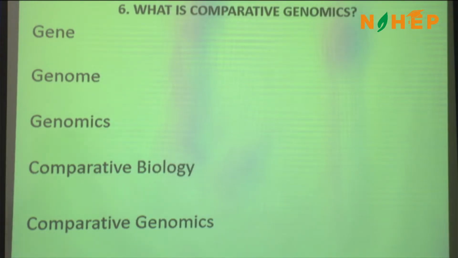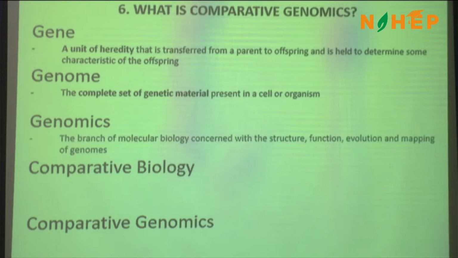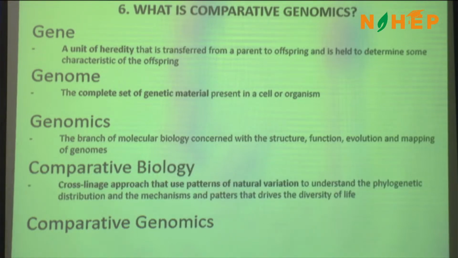But first, I want to start with some definitions that you most likely already know. You all know what a gene is. You all know what a genome is, I think. Then you all know what genomics is. Comparative biology, I think you know.